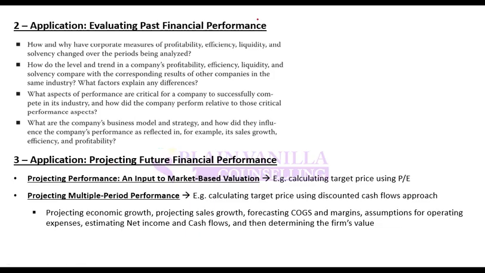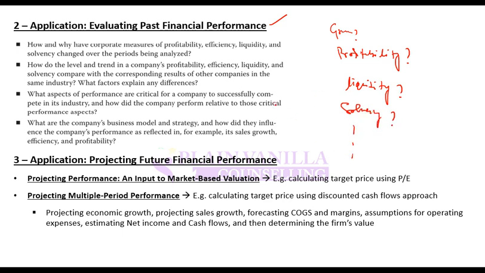What is evaluating past performance? Evaluating past performance means that if you have past data, based on that past data you can find out how has the company grown, how has its profitability changed, how has its liquidity changed, how has its solvency changed, and so on. So you can perform the analysis of what happened, how did it happen, and what were the reasons for something happening.